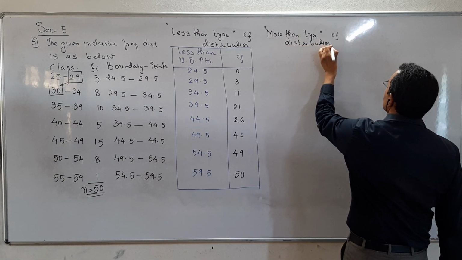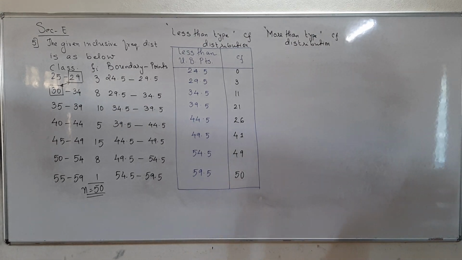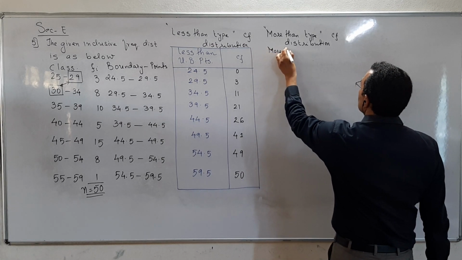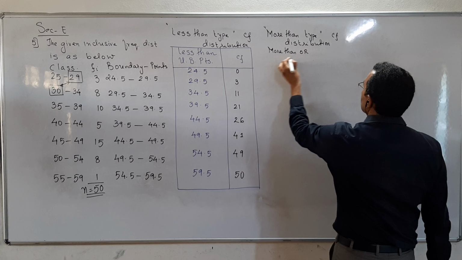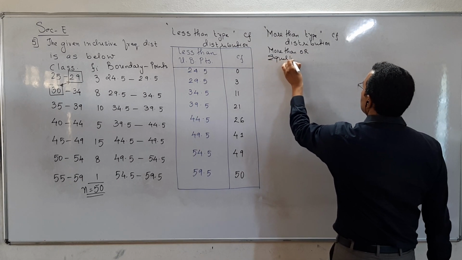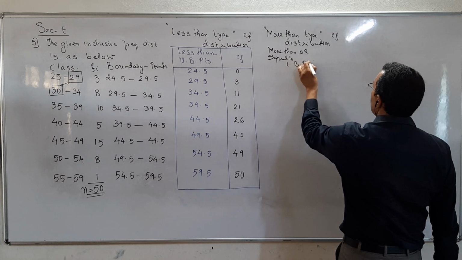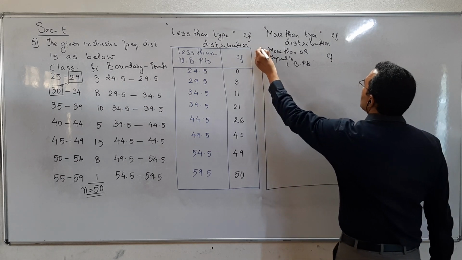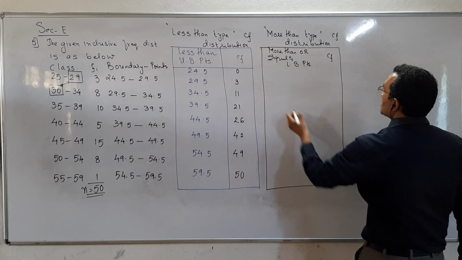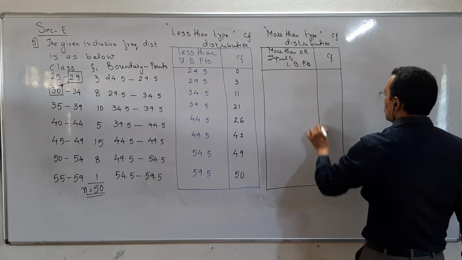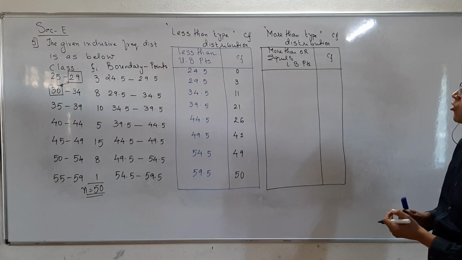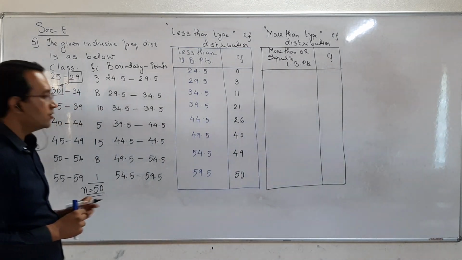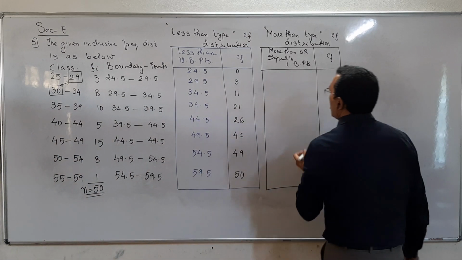Here the two columns are: more than or equal to lower boundary points, and the corresponding cumulative frequencies. Be very sure about this column. Actually we have to start with lower boundary points, from 24.5 to 54.5, but we take a value after. In short, we write all boundary points.